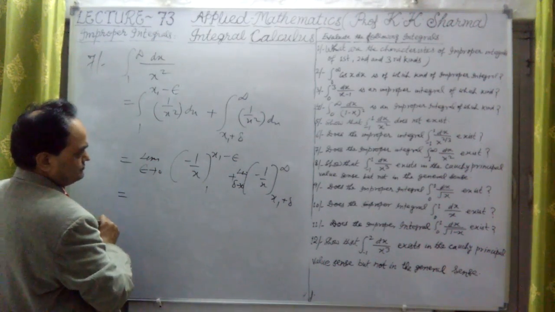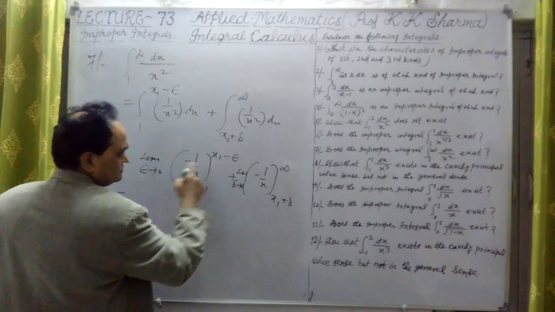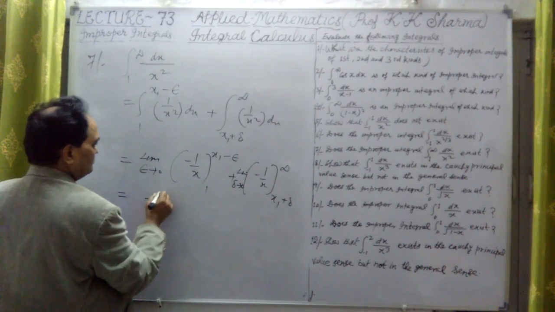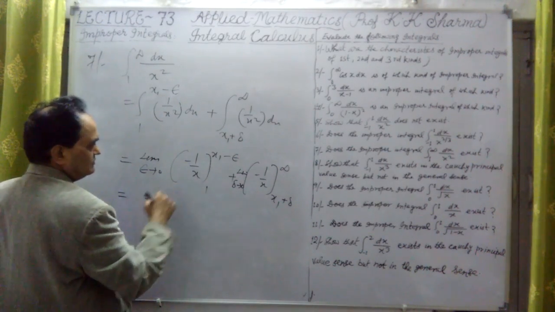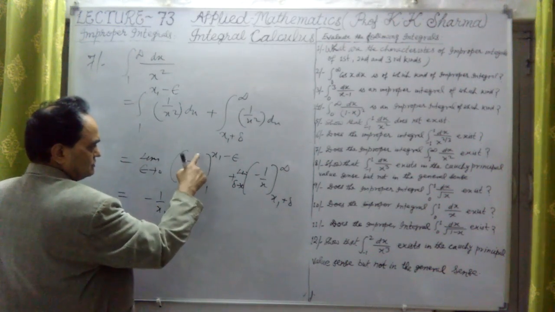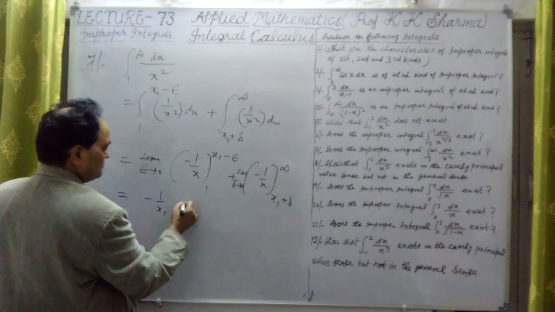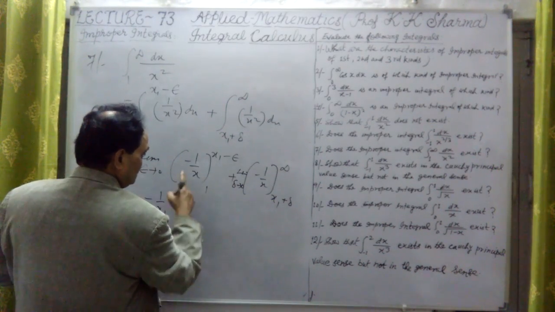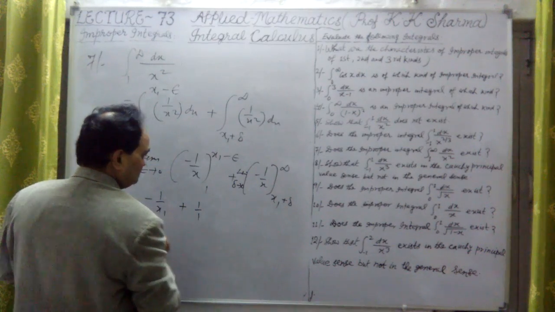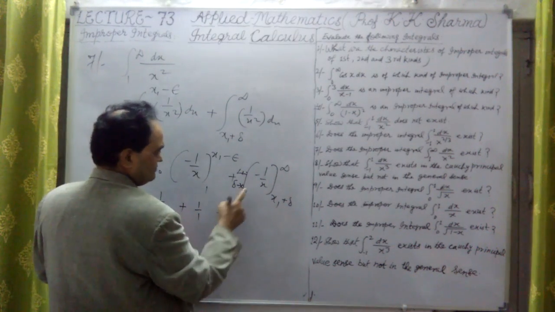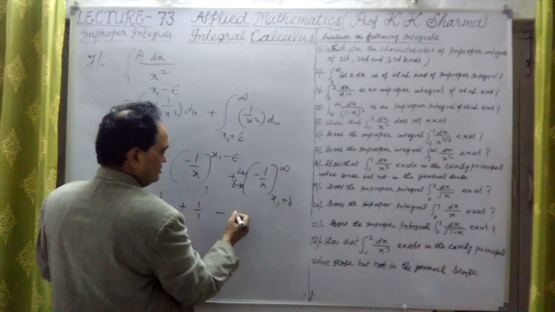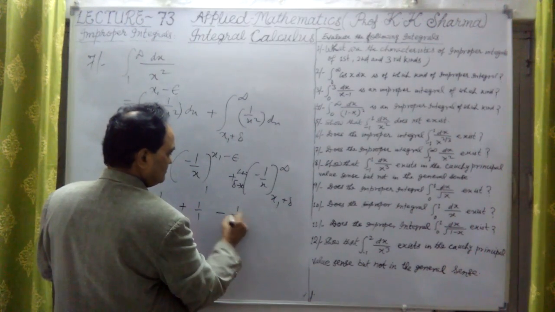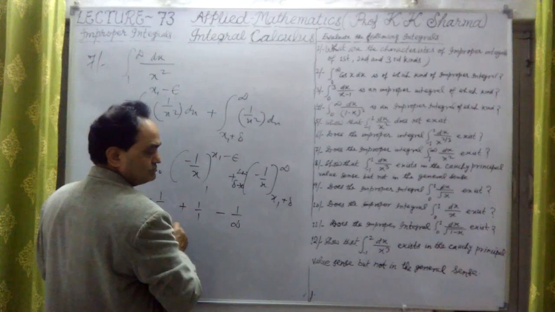What are the values? Suppose this is x1 only, it will be minus 1 upon x1 because epsilon turns to 0. Minus 1 upon x1. Minus plus in between, when we substitute the lower limit, it will be plus 1 sign. This is 1 upon 1. Here it is minus 1 upon infinity.